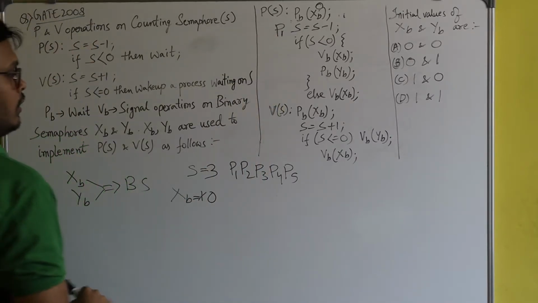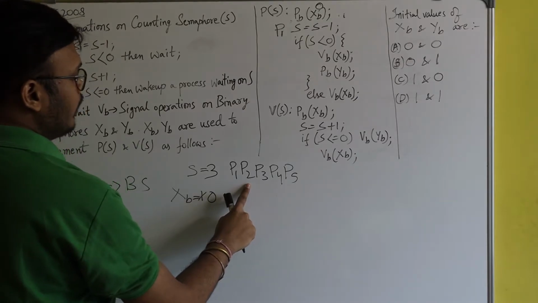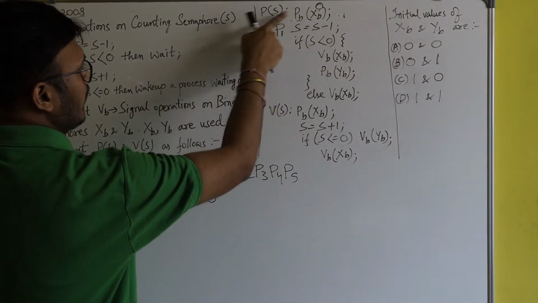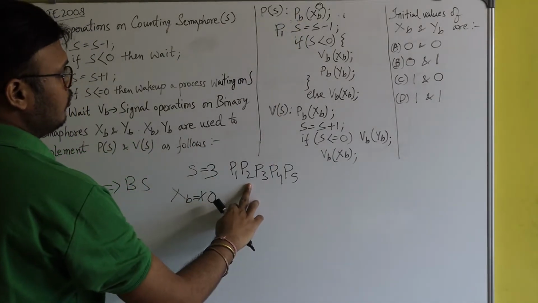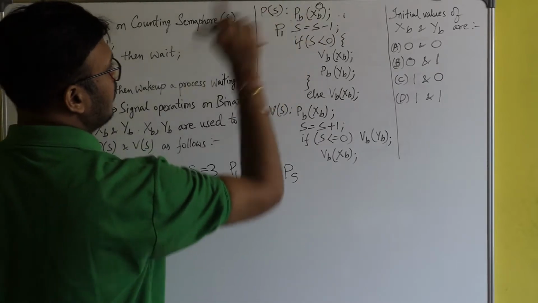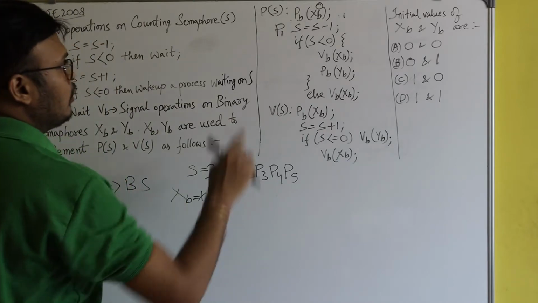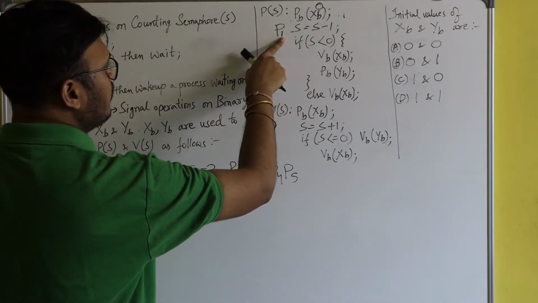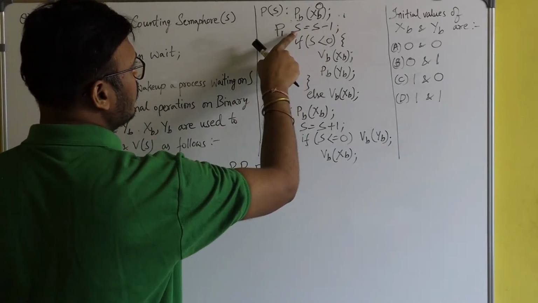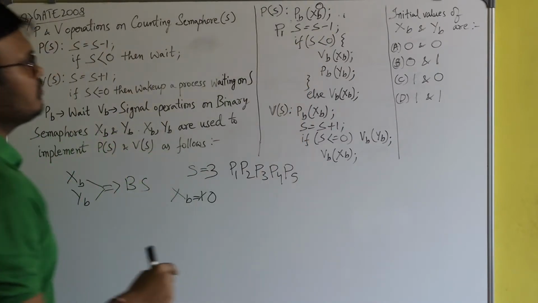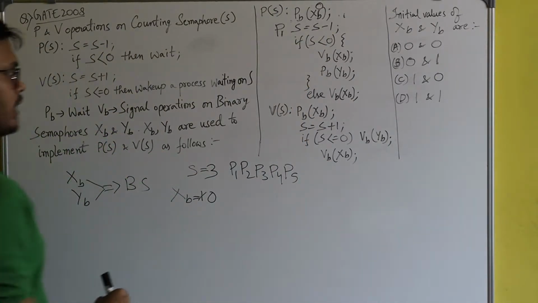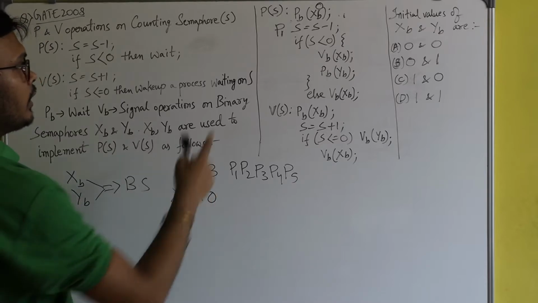So if P2 wants to execute this code, P2 will fail. Why? Because the value of xb is 0. Fine. So now P1 will try to run this code: S is equal to S minus 1. It means what?